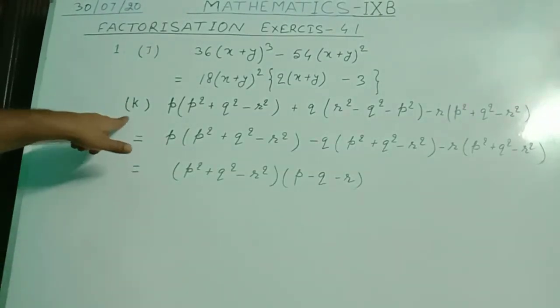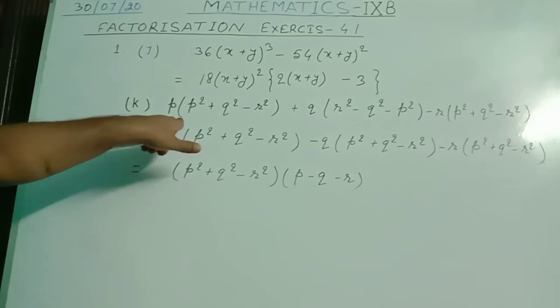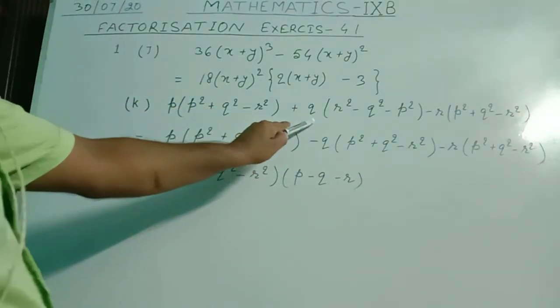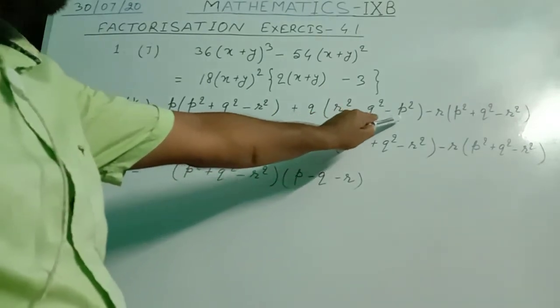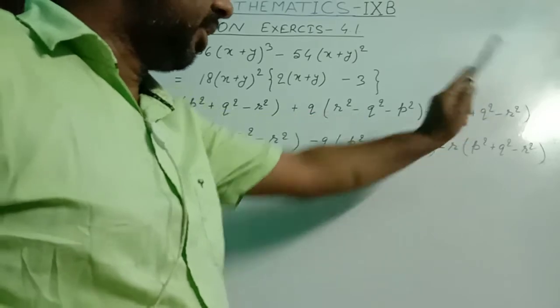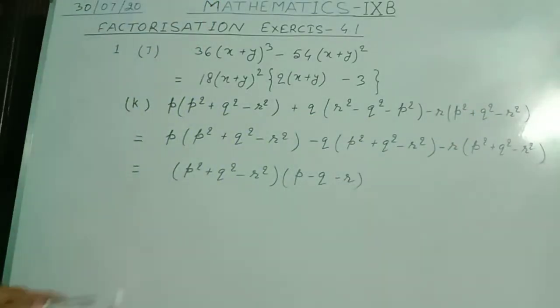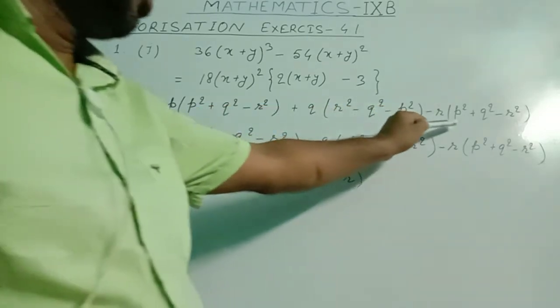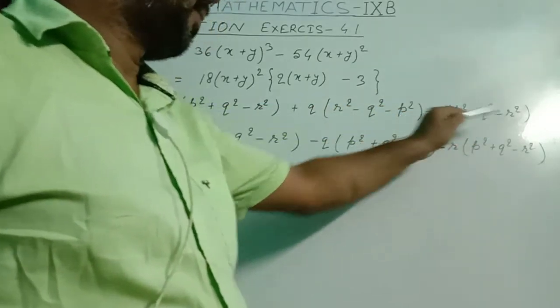In question 1K, the question is p(p^2+q^2-r^2) + q(r^2-q^2-p^2) - r(p^2+q^2-r^2). Inside the brackets, the first and third terms are the same, but the middle one is not.